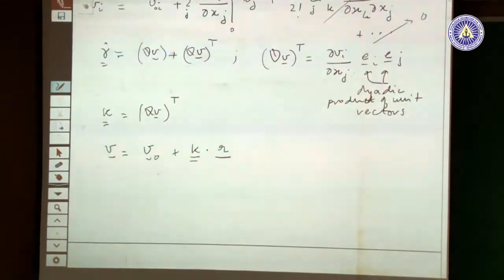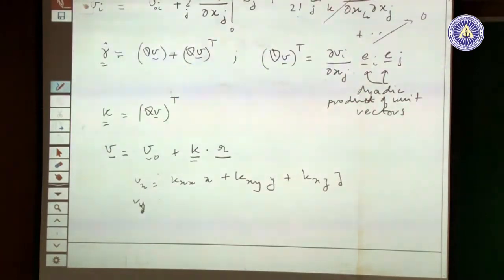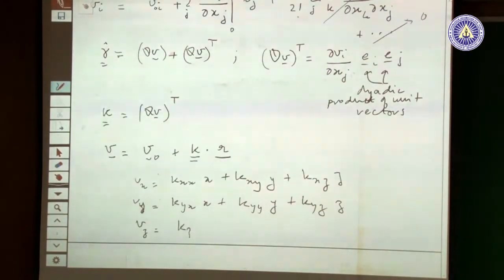So, if I were to write it in matrix form, I would say Vx is kappa xx x plus kappa xy y plus kappa xz z. Vy would be kappa yx x, kappa yy y, kappa yz z, and Vz would be kappa zx x, kappa zy y, and so on. Right?